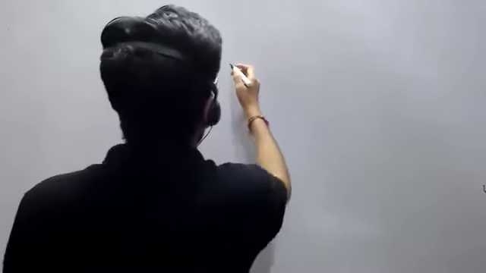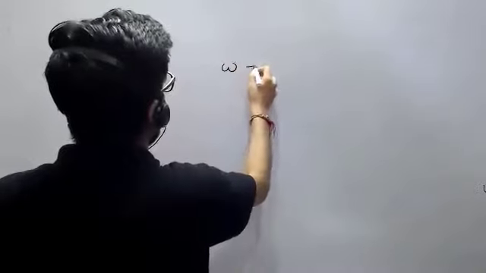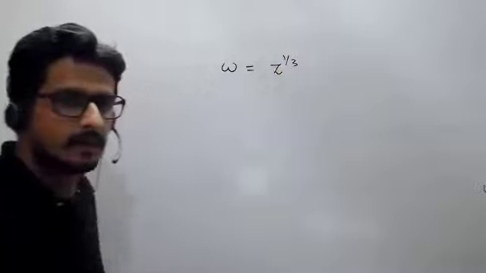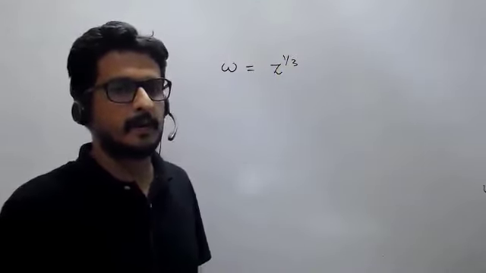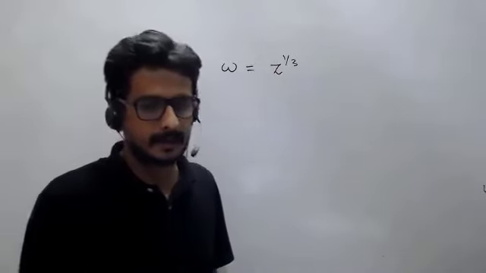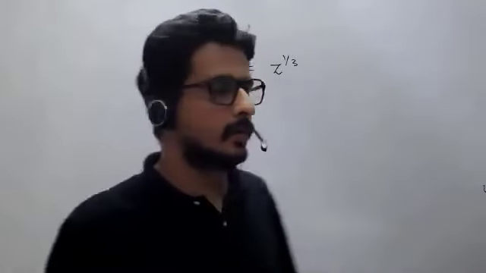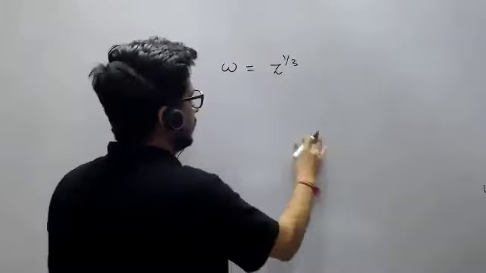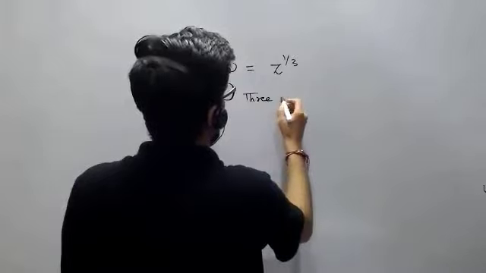So if I give you an example, suppose you have omega is equal to z to the power 1 by 3. To represent this, we need three different Riemann sheets.